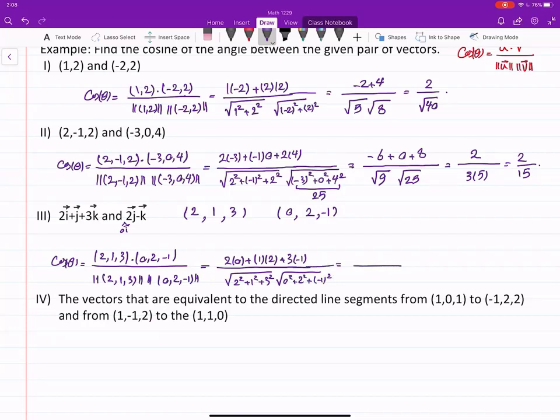Okay, so this gives us 0 plus 2 minus 3, and the denominator is 4 plus 1 plus 9, this is root 14, and 4 plus 1 is 5, and that gives us -1 over, so two roots multiply, you can multiply the inside and you get 14 times 5, which is 70. -1 over root 70.